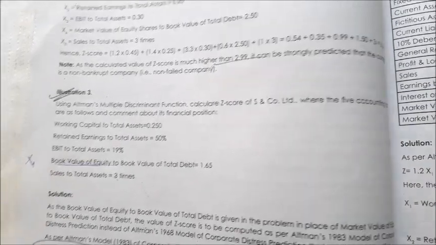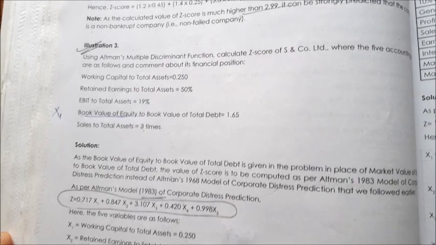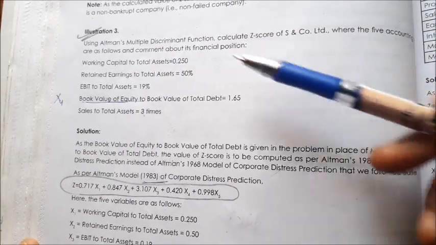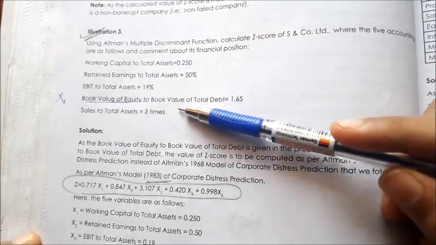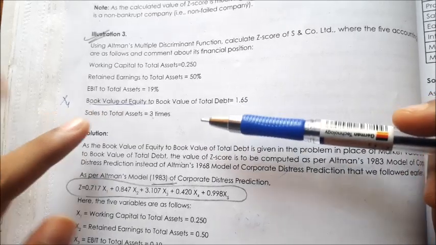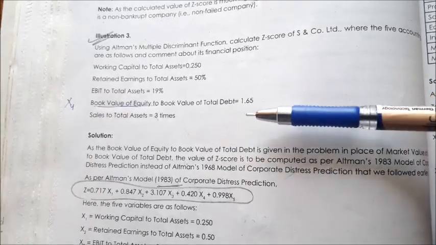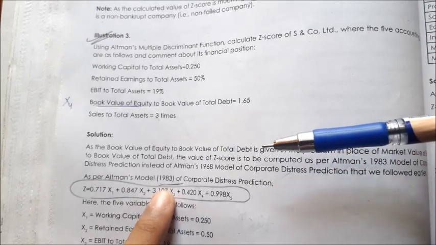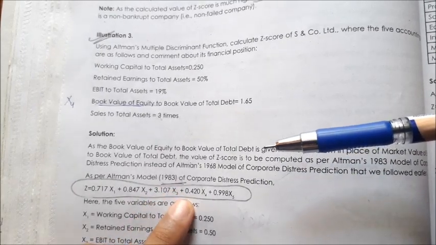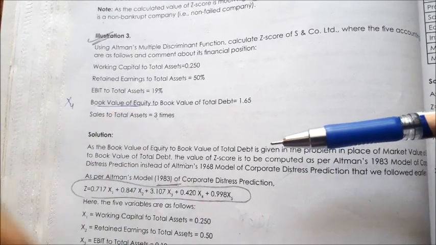Now illustration number 3. Working capital ratio is given, retained earnings is given. Here the market value is not given, but the book value has been provided, so we have to go by the 1983 model, as the difference lies here.